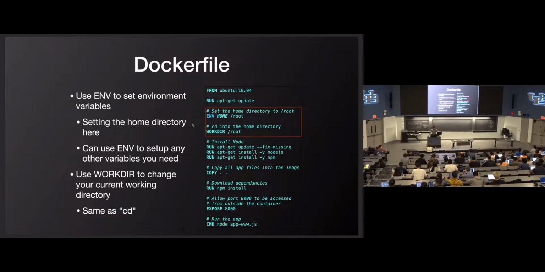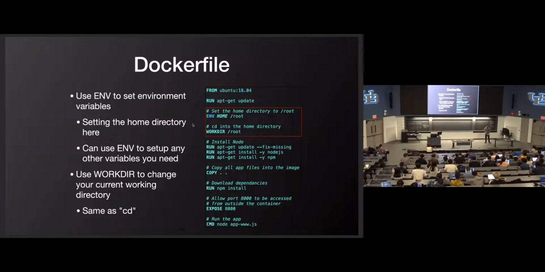Yeah? When you say /root, would we be replacing that with like the actual directory of our... It's whatever you want to name your directory. When the Docker file is running, it's going to be running as root in the Ubuntu container that I'm creating here. So I'm going to name it root because that is the username of the user that's going to be running these commands. But you can name that directory whatever you want.